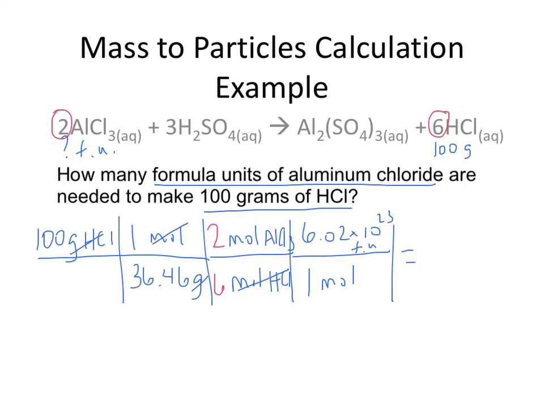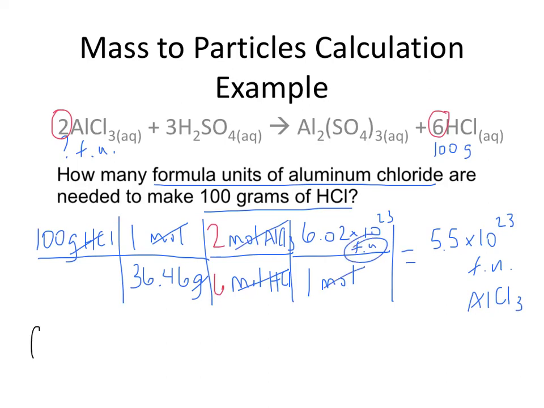Our answer will end up coming out to 5.5 times 10 to the 23rd formula units of AlCl3. You'll notice that our moles had canceled and we were left with formula units, which is what we wanted.